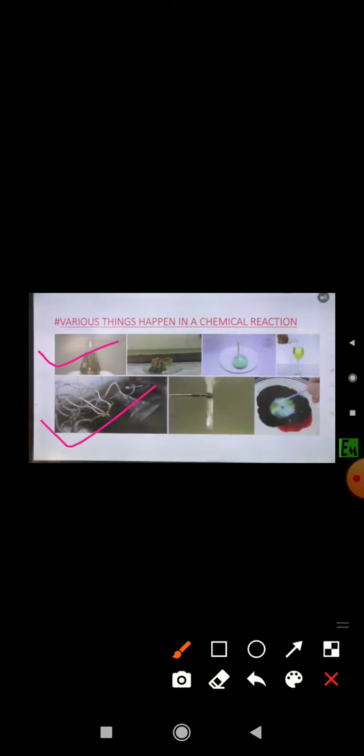Here is plastic: when we fire the plastic, it changes its shape. It also turns liquid to gases. Many things such as color change and changing of physical state happen in a chemical reaction. So let's move ahead.